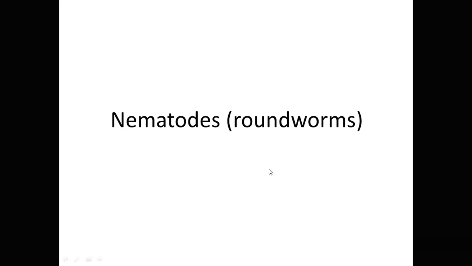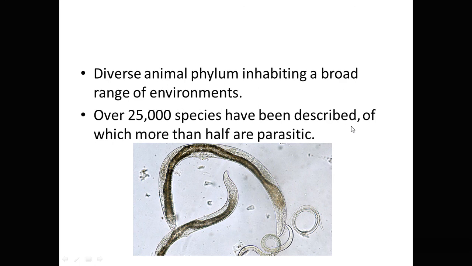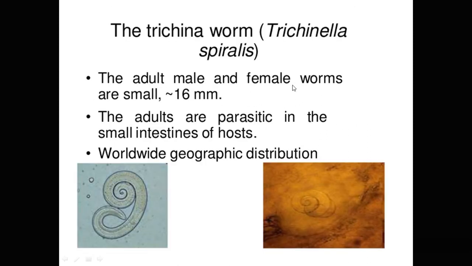So let's move to the nematodes, roundworms, and they're quite diverse, many species, and many are parasitic. Trichinella spiralis affects mainly the muscles, they are not very big.